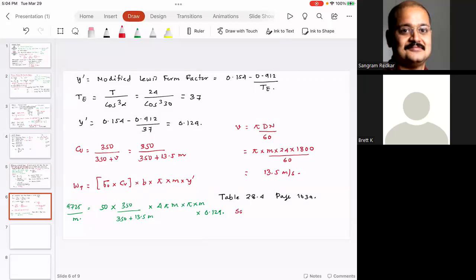So this equation needs to be solved using trial and error, or if you have a programmable calculator that can solve this equation, because you have m in multiple places. My answer is m equal to 6 millimeter.